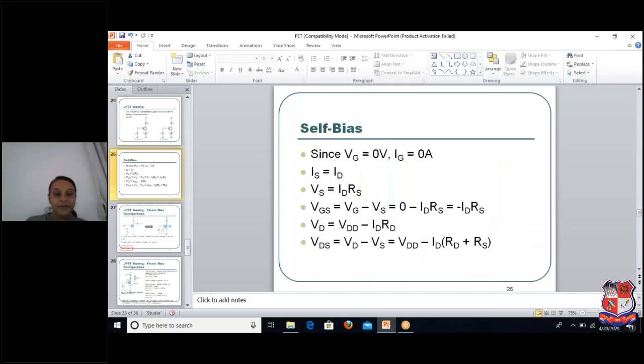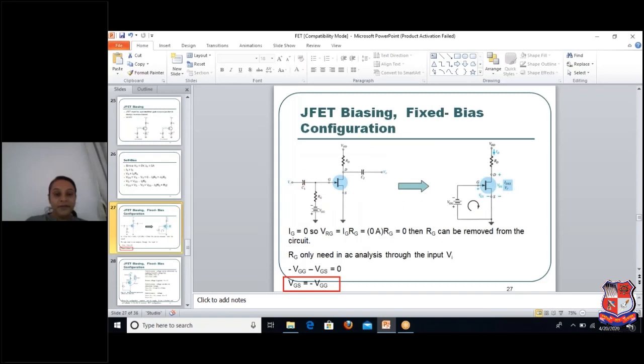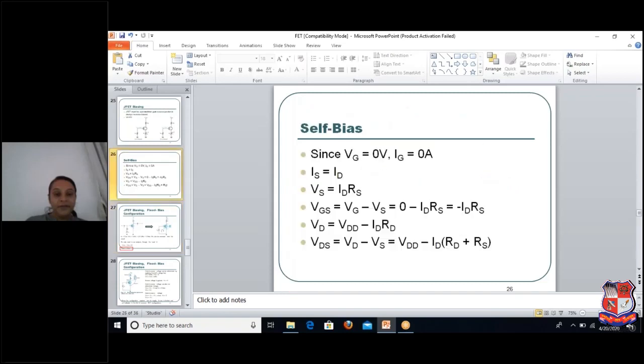So VDS equal to VD minus VS. So put the value of VS, VDD minus ID. Here we change the position of the equation. So from this equation we find the value of VDS. Okay. So here we find two values, ID current and the drain VDS, which is the output voltage.